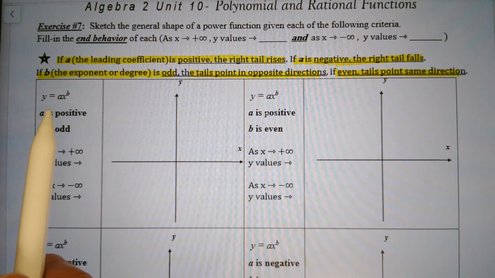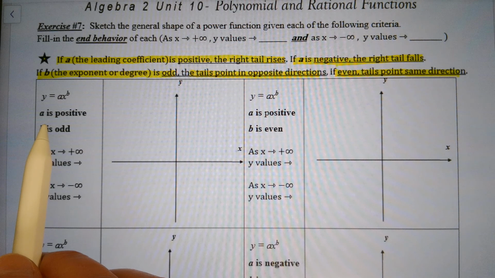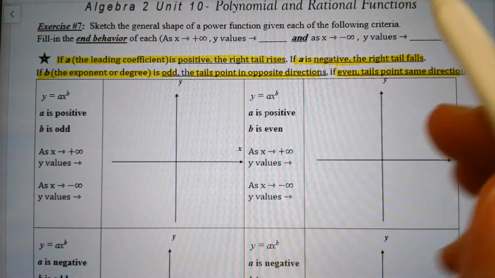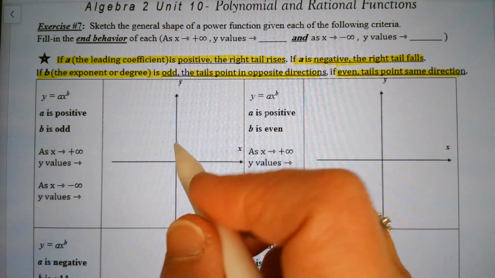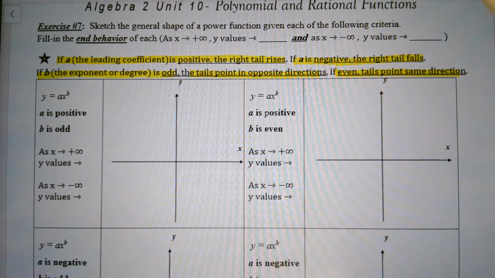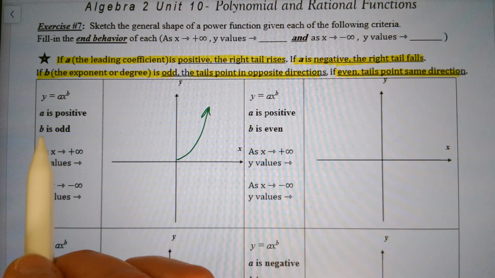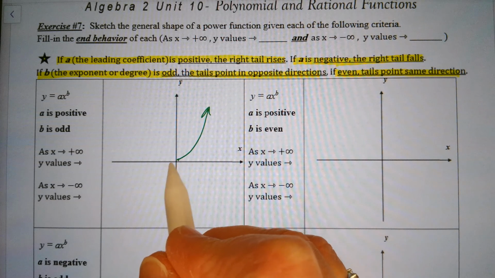Okay, y equals ax to the b. If A is positive, the right tail rises. B is odd, the exponent is odd, so the tails point in opposite directions.